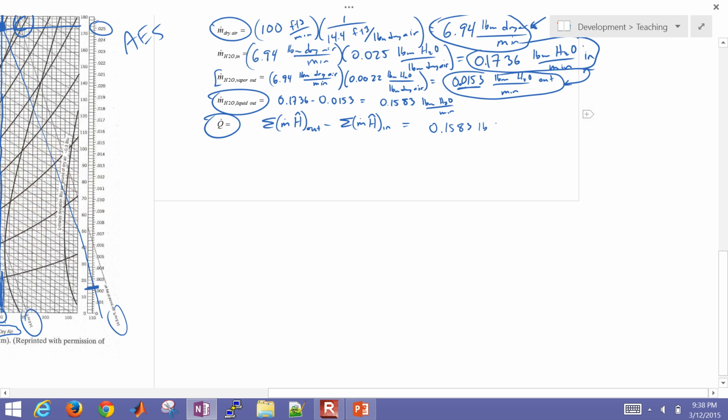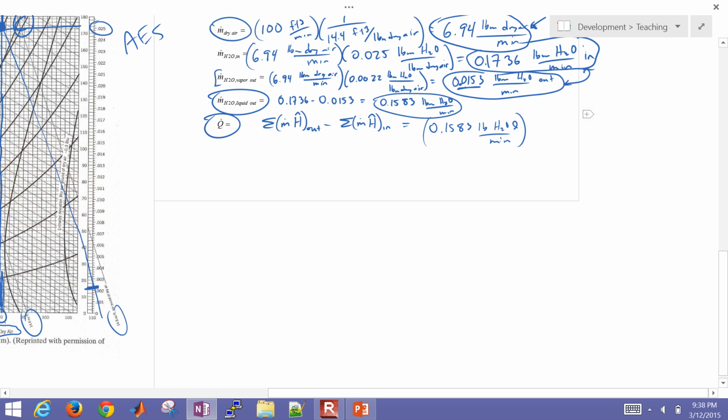0.1583 pound H2O liquid per minute. Okay, that's going to be the mass flow rate of this liquid water that's leaving.